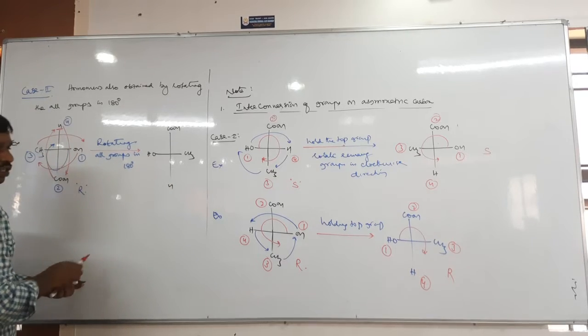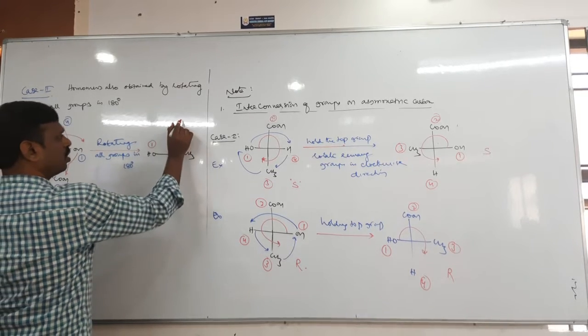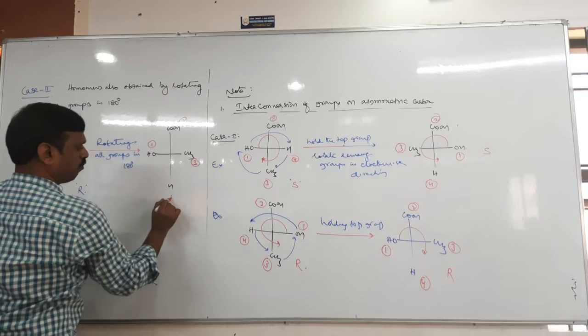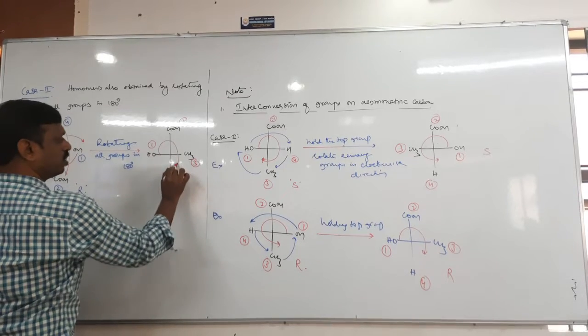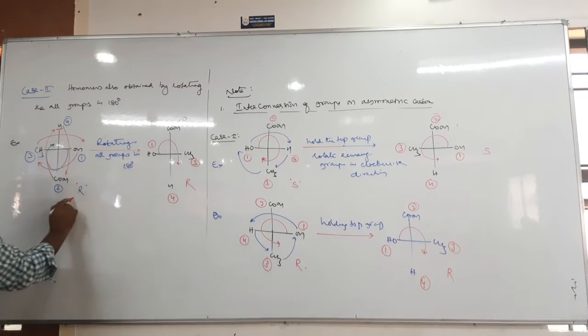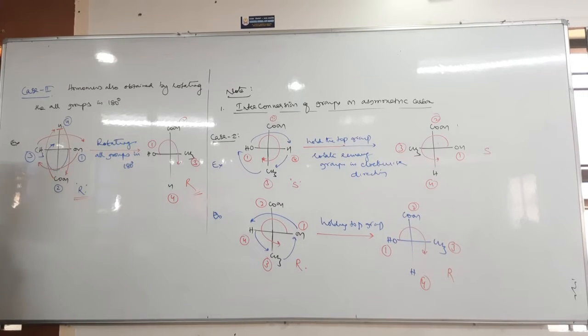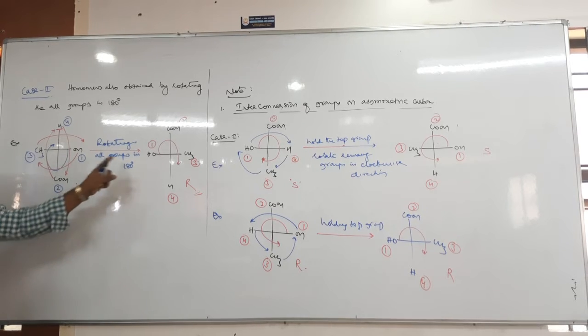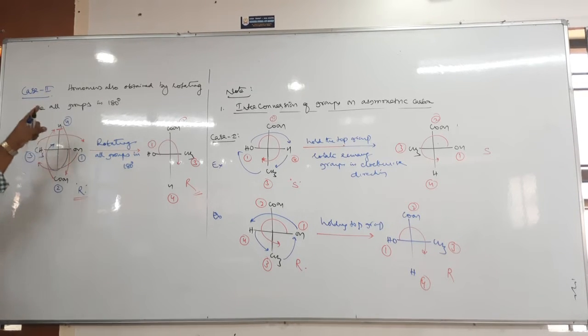Now see the rotation. It is 1, 2, 3, 4. 1, 2, 3. What is it? R. Same or not? Therefore, homomers can also be obtained by rotation of all the groups by 180 degrees. Okay.